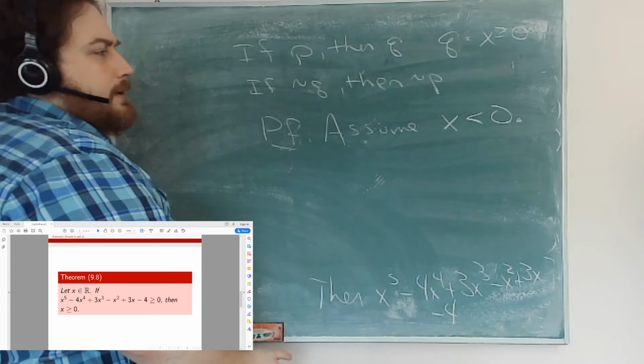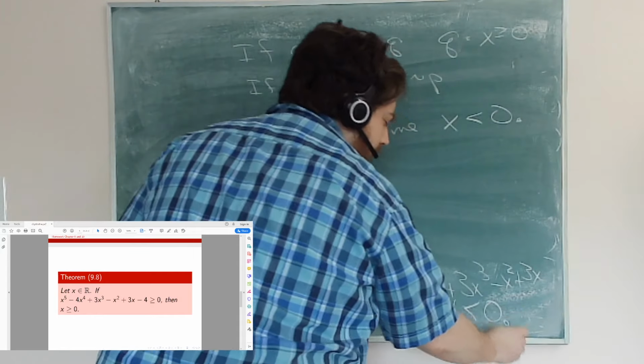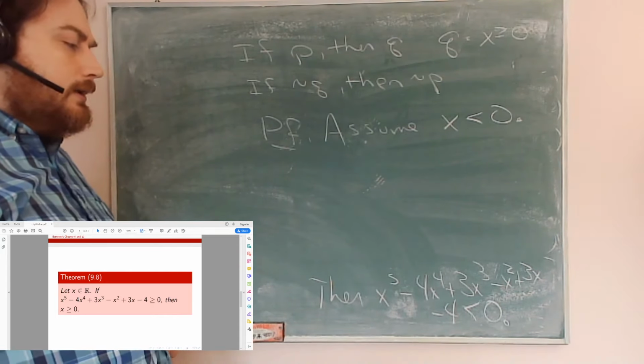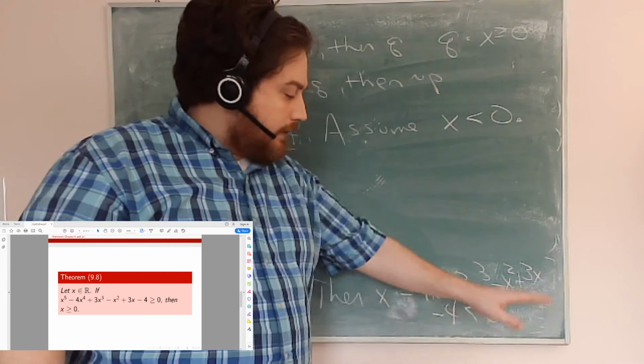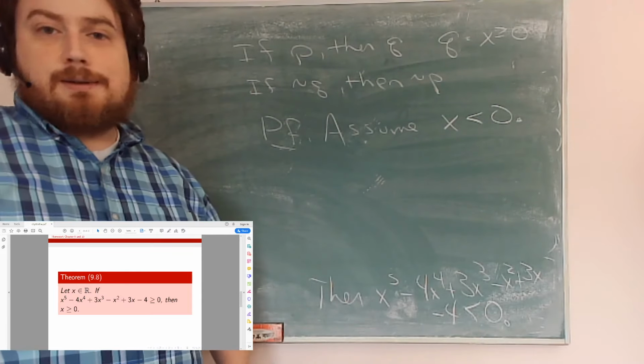And the original statement was that that was greater than or equal to 0, so we have to show that this is less than 0. So if we negate greater than or equal to, we get less than. I know I ran out of room here, but I have to show that this big long thing is less than 0, assuming x is less than 0.